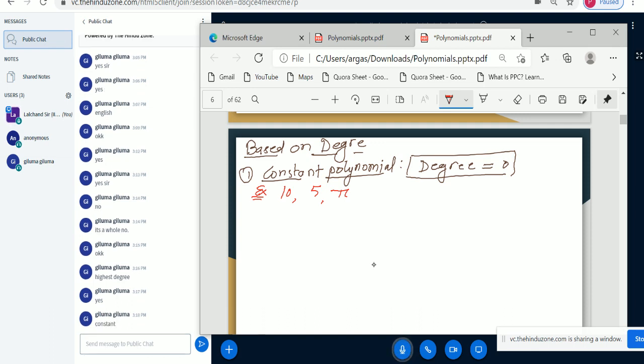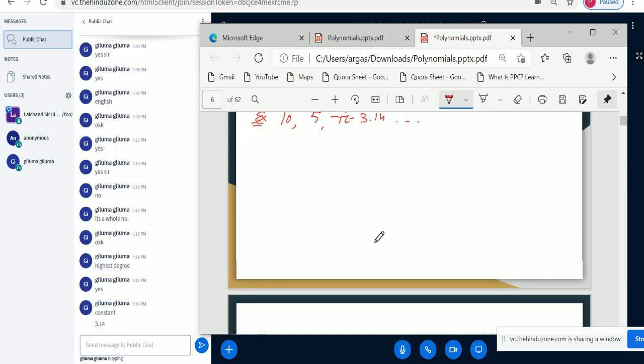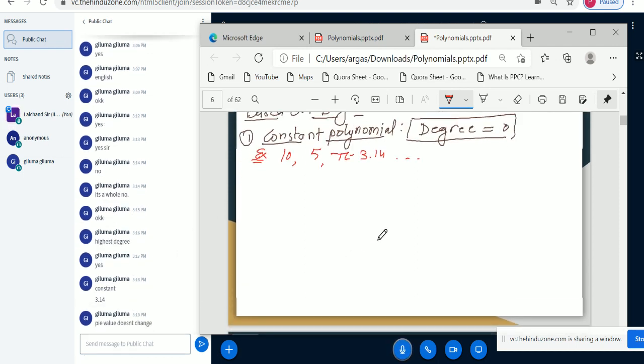Because we write pi, so the pi value is 3.14... So how can you say it's a constant? Yeah, the pi value doesn't change. This is just a decimal representation that is non-terminating and non-repeating. So that's why we put the dots here. So pi is a constant number.